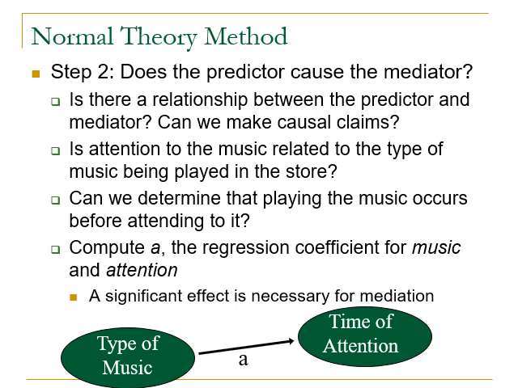So logically, we can make an argument that attention, time you spend listening to music, does not exist until the music is present. Therefore, we have a theoretical reason to believe in cause. And now we can simply look, is there an actual statistical relationship? We compute A, the regression coefficient for music and attention. And again, a significant effect here is necessary for us to continue on.